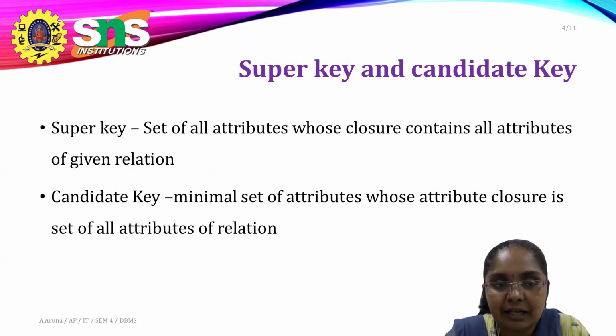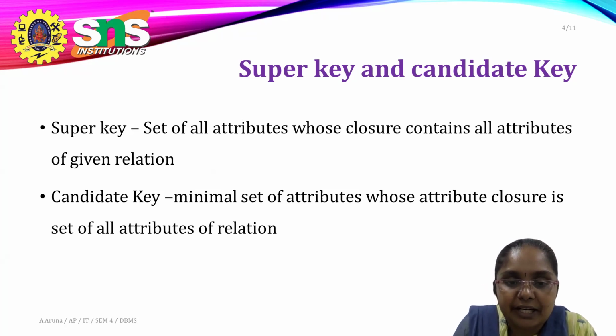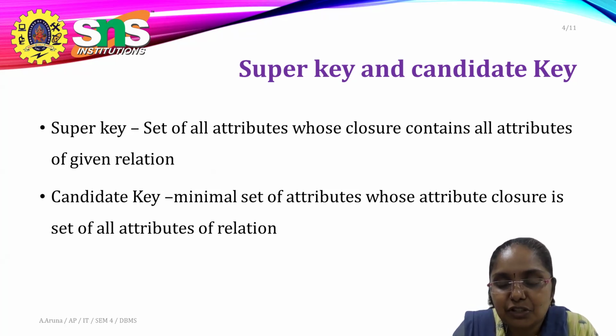Candidate key is, out of all the super keys combined together, the minimal set of attributes. That minimal set is what we call a candidate key. So this is the definition of super key and candidate key. Super key is defined as the set of all attributes whose closure contains all attributes of the given relation. The candidate key is defined as a minimal set of attributes whose attribute closure is the set of all attributes of the relation.